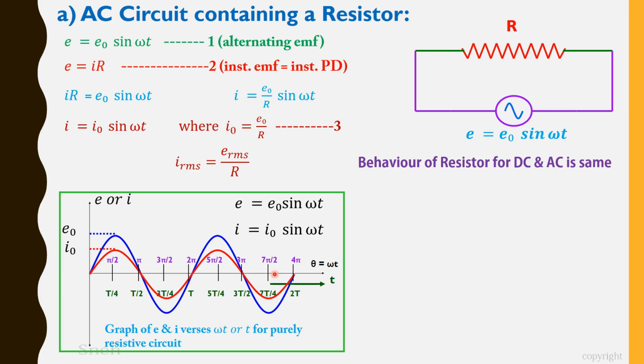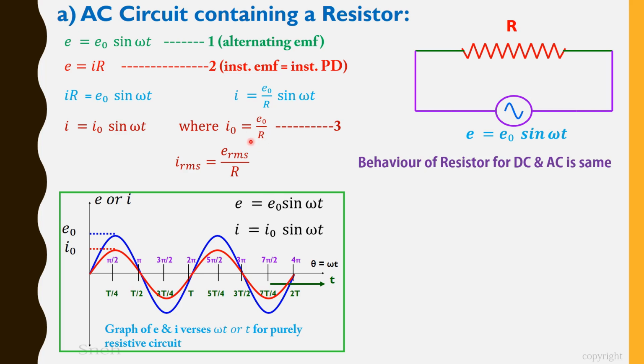Always keep in mind one thing: the amplitude or peak value of the current wave is always less than the peak value of the EMF. E0 always has a higher value as compared to I0, because I0 is E0 upon R. R is a non-zero, non-negative term.